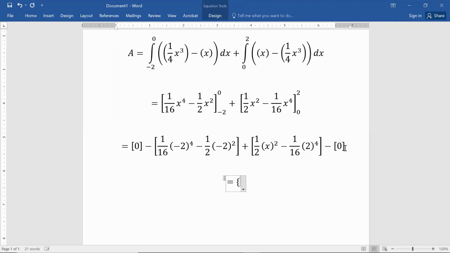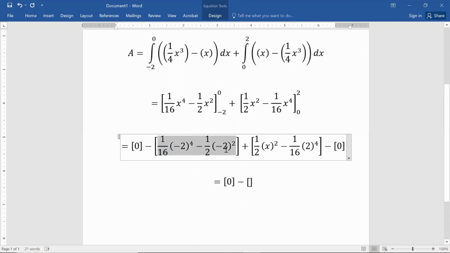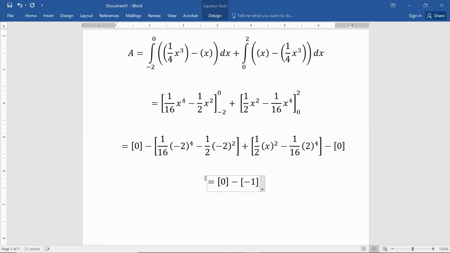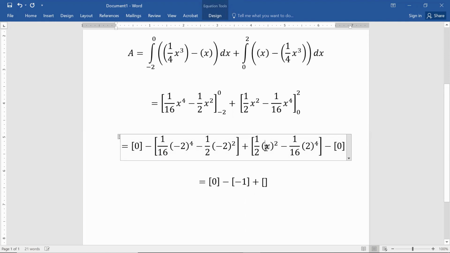I got 0 minus, when I evaluated this inside, a -1, plus, when I evaluated this inside, a +1.